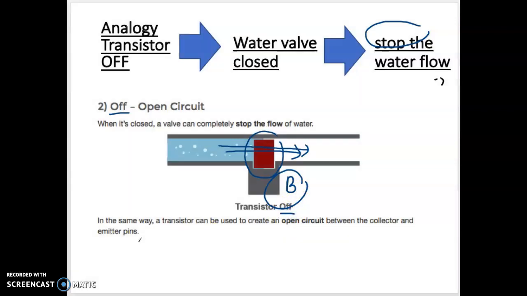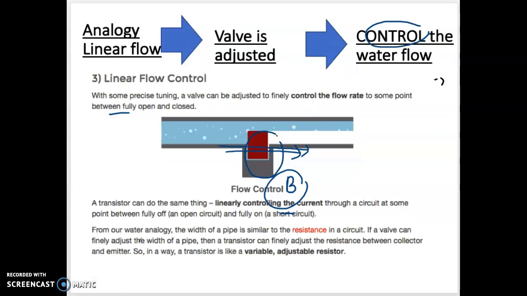Now, as we mentioned, it's like a water valve, so we can control whether the water flow becomes bigger, with a lot of water flowing, or less water flows at the valve. So you can have a controlled flow here. At your base, you can make it either half, 3/4 or 1/4.